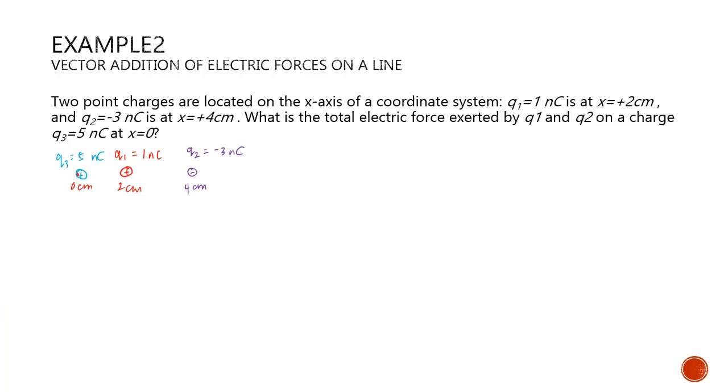So the arrow should be drawn away from Q1, right? It shouldn't be towards Q1 because that would be attraction. So draw the arrow away from Q1. This is the force that Q1 is exerting on Q3.